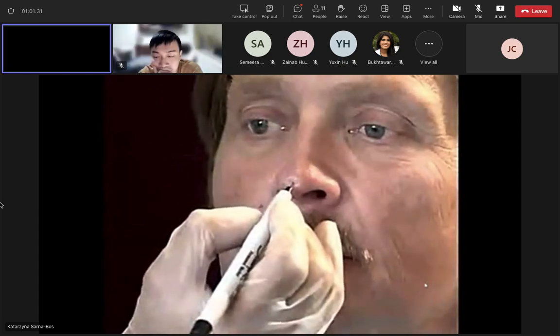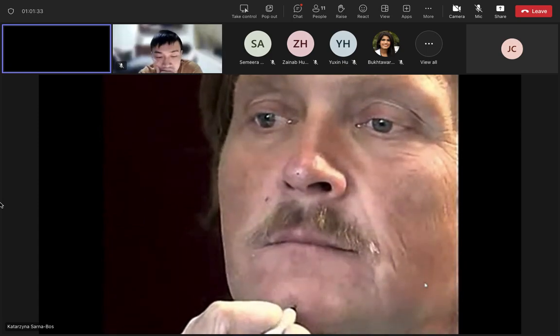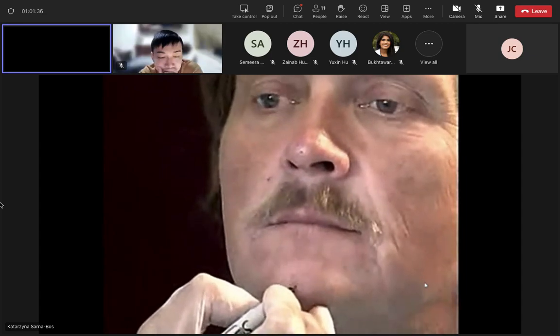Mark a small dot on the nose and the chin to serve as reference points.